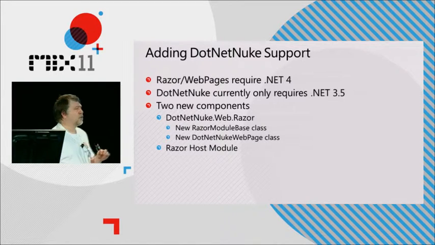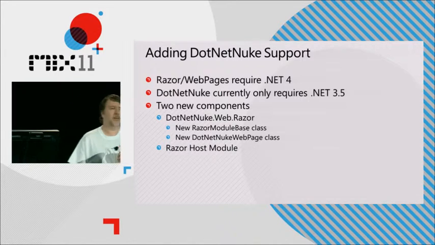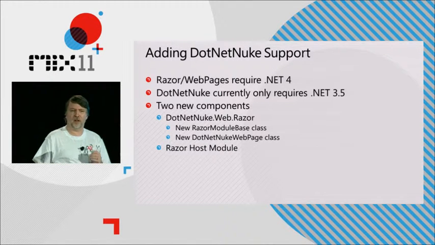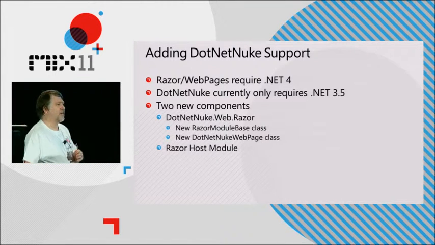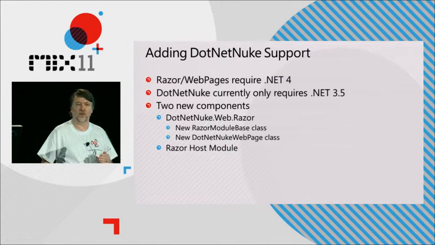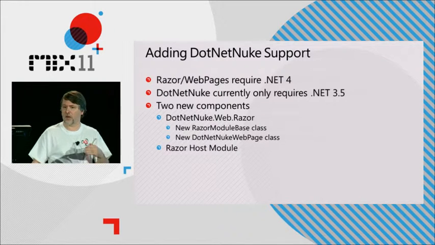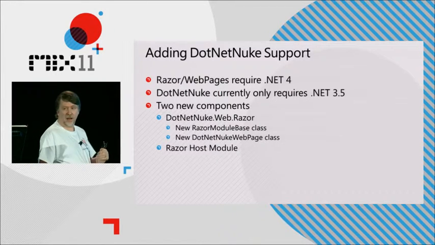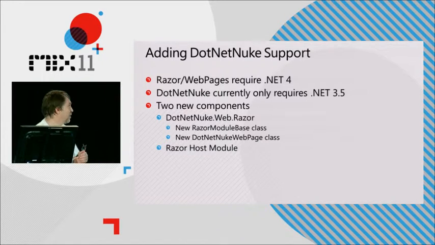DotNetNuke.Web.Razor consists of two fundamental classes. The Razor module base class. Have any of you out there done DotNetNuke development? Yeah, two or three people at the front there. We have a base class within the standard DotNetNuke which inherits from user control and allows us to recognize that user control or ASCX file is a DotNetNuke file and has certain properties.